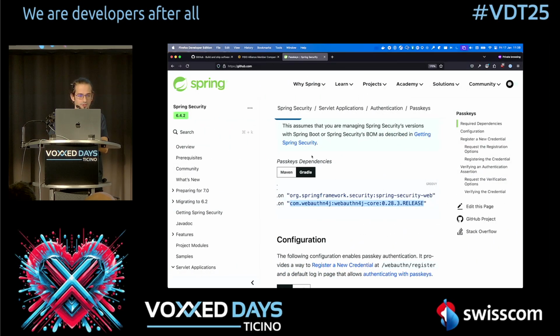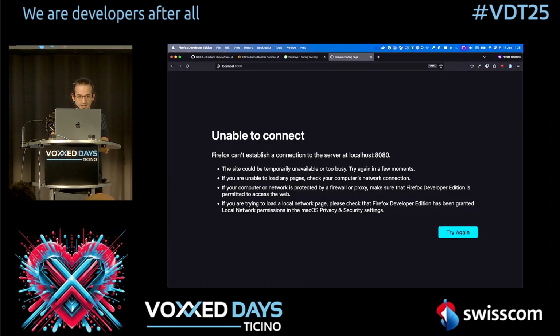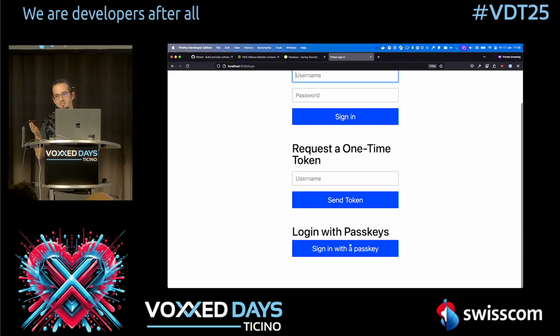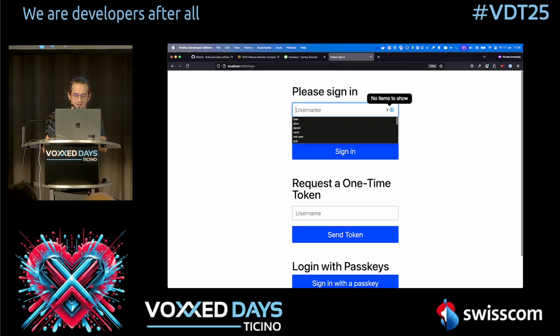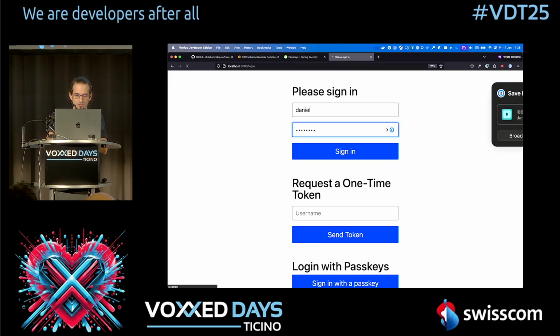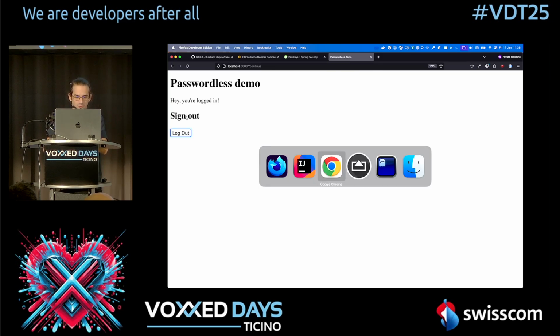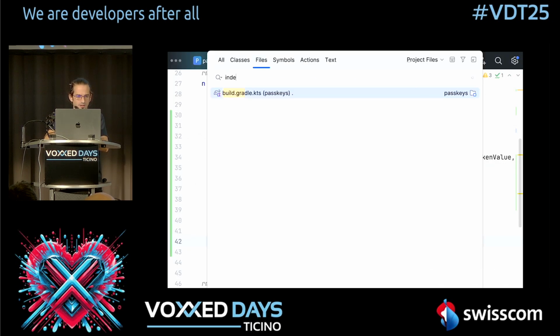So if everything goes well, I can go to localhost 8080. Yeah, there we go. And we have a new button here, login with passkey. I have not registered any passkey yet, so we can log in here. Sure, username, password, amazing. I would like my users to be able to register a passkey, so I'm going to turn this on in the template index.